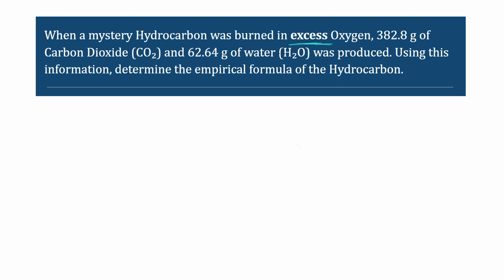Well, all of the carbon which was in the original hydrocarbon will go into forming carbon dioxide. And so the moles of carbon in the original will be the same as the moles in the carbon dioxide. That will be a 1-to-1 ratio.